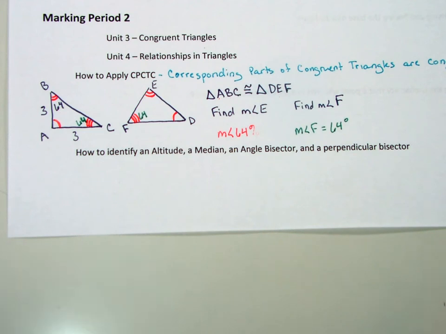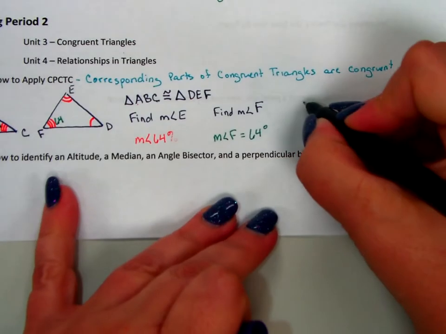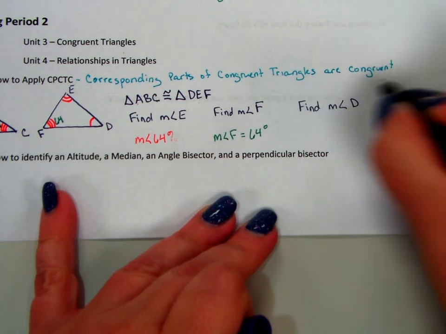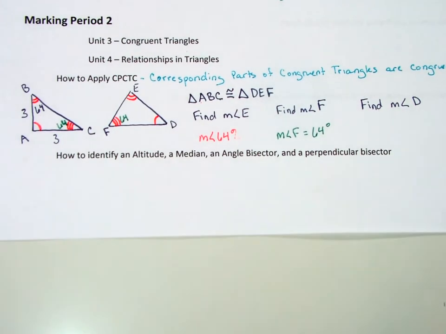All right, let's say I wanted to find the measure of an angle. What have I not found yet? Angle D. Find the measure of angle D. How am I going to find angle D?